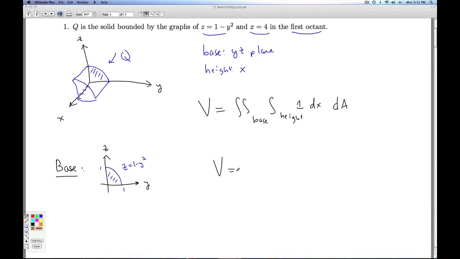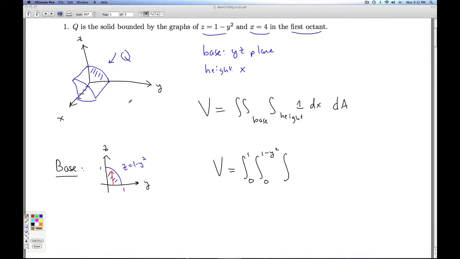So V equals the integral. If I'm going to do dz dy, I'm chopping up the y from a constant 0 to a constant 1. For a fixed y, what does the z run between? It starts down here and goes up to that curve. So that's z equals 0 to z equals 1 minus y squared. And I'm integrating the height.